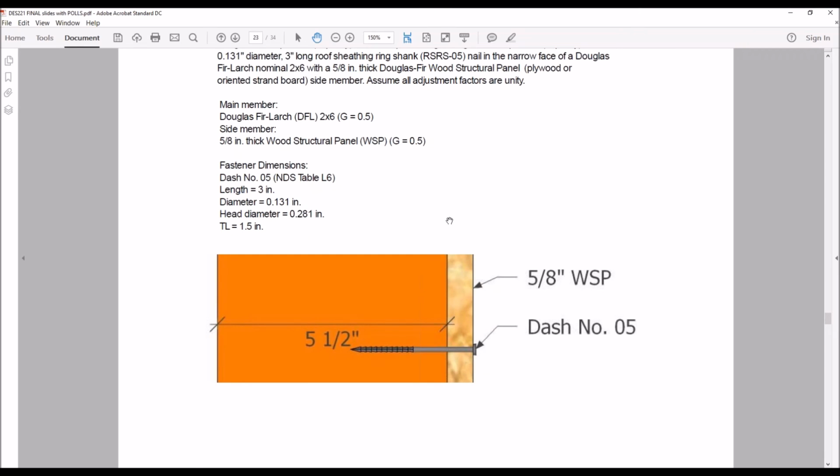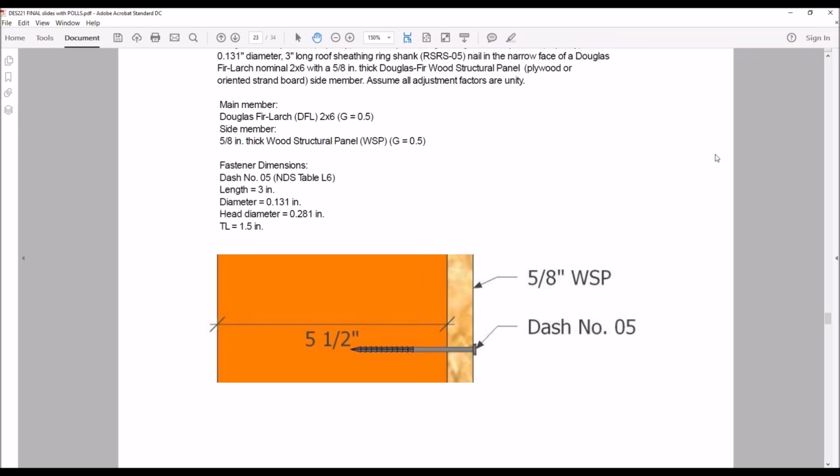So when we're dealing with withdrawal capacity of deformed shank fasteners, that could include lag screws, wood screws, anything with threads or rings, things like that, we are only assuming that the deformed portion of the shank actually provides the resistance.